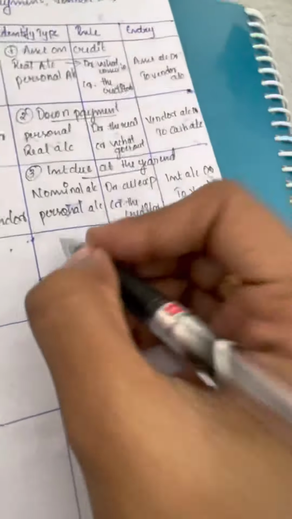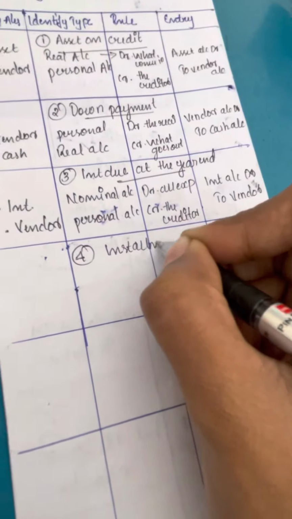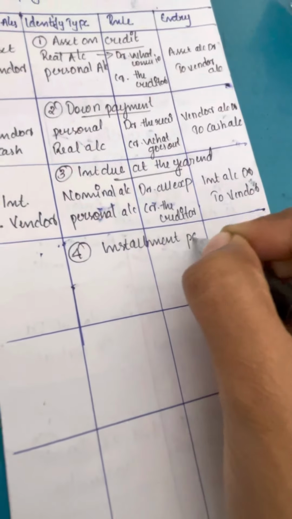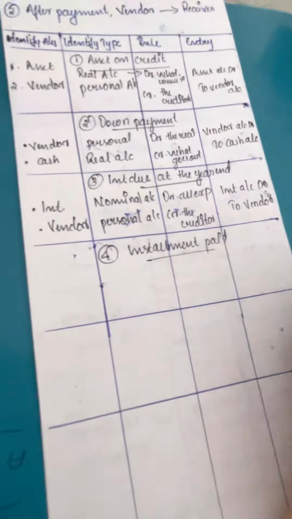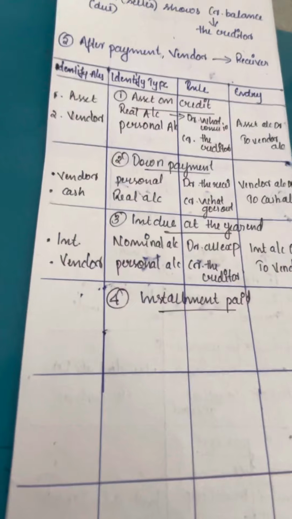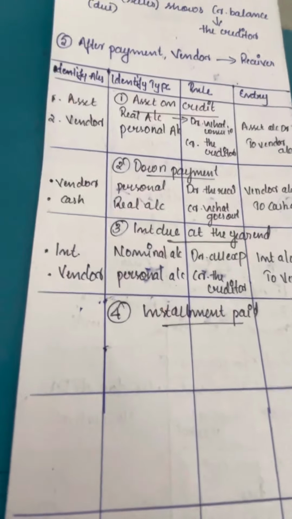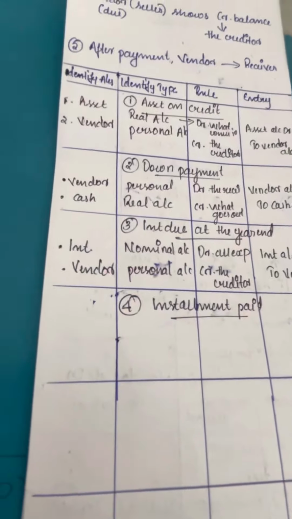Next, the fourth is installment paid. In the case of an installment, the buyer pays the amount to the vendor. In the books of the buyer, there are two accounts: the first one is the vendor and the second one is cash.